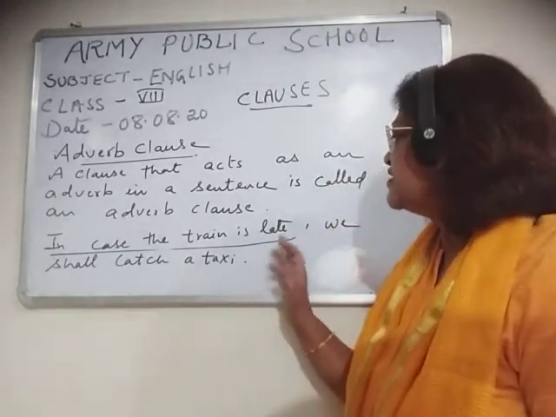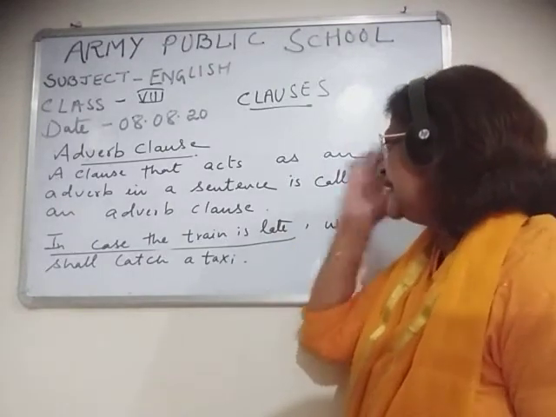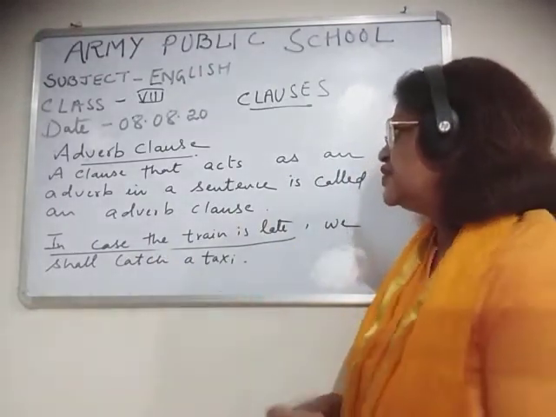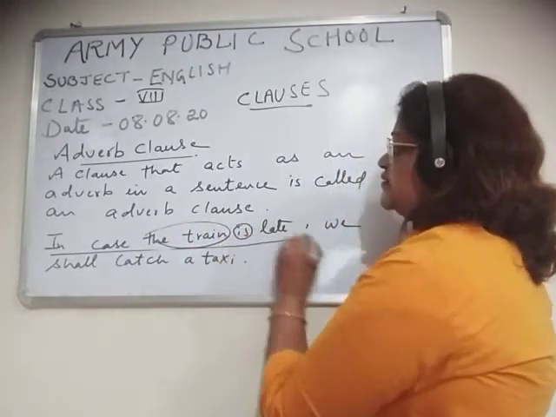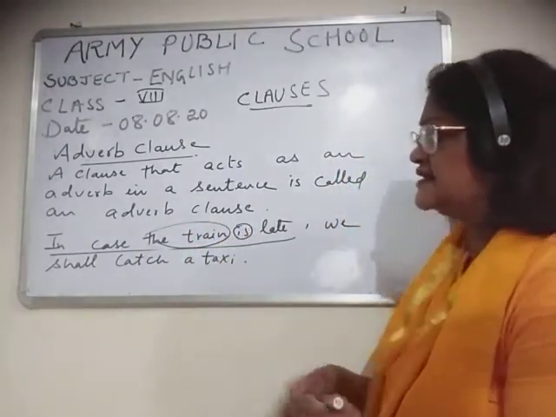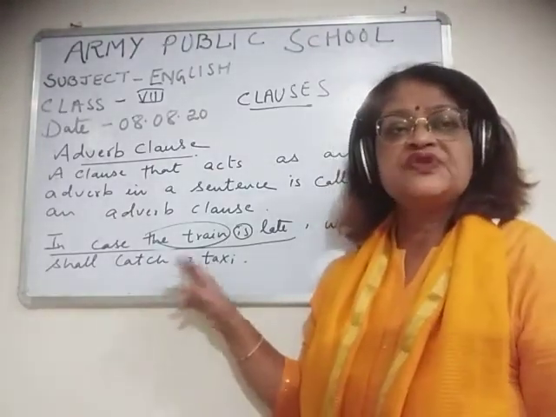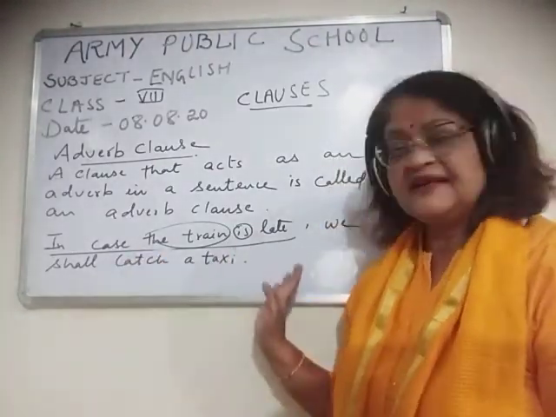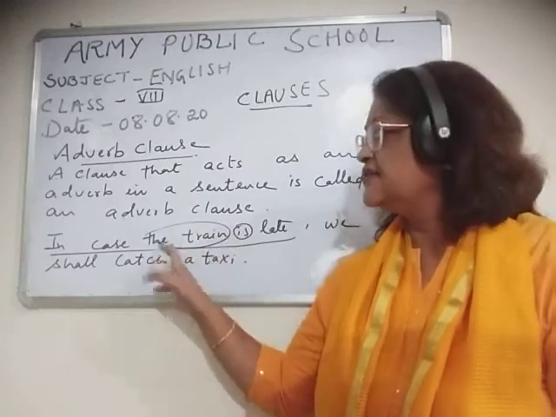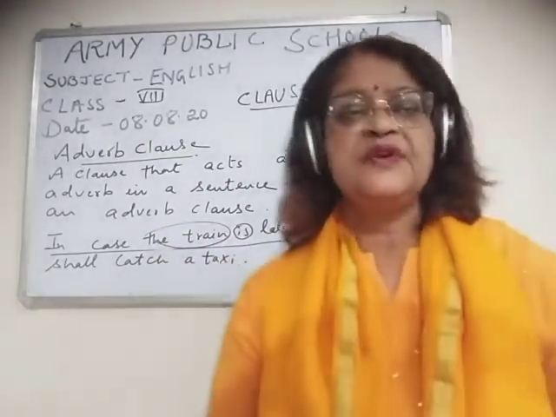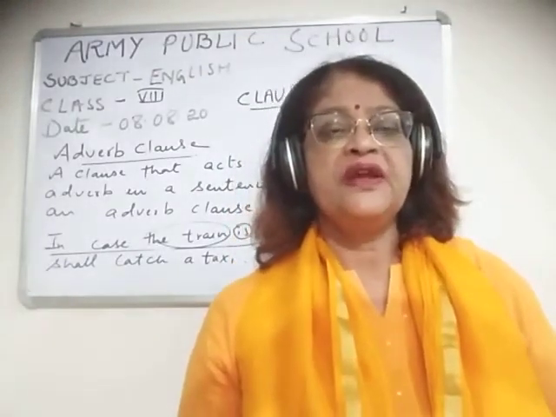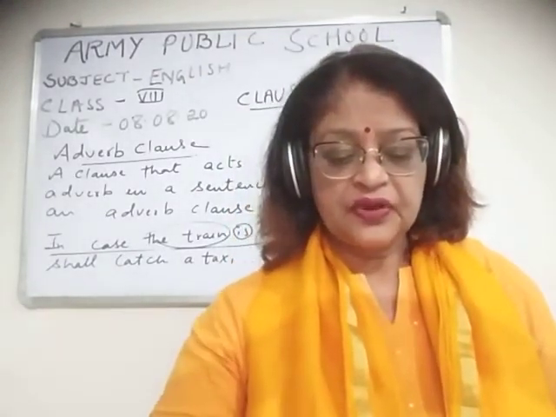So in case the train is late, we shall catch a taxi. This is a subject and this is a finite verb, and it is modifying the verb catch. It is part of a sentence, having a subject and one finite verb. So what is this? This is an adverbial clause, an adverb clause.